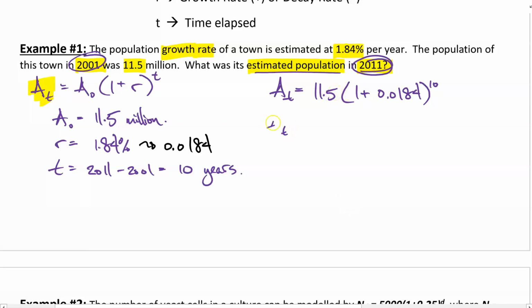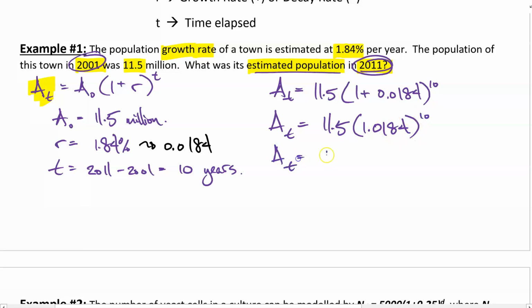So the amount, let's write properly here, in total is going to be 11.5, and I'm just going to take the steps this time so you can see everything go down. 0.0184, that's what happens in the brackets, to the exponent 10.